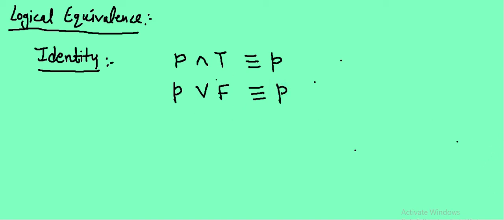If you prove it, let's take the left hand side. You can put a value because it is a proposition and it can take two values only, true or false.